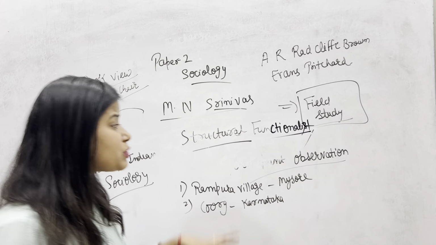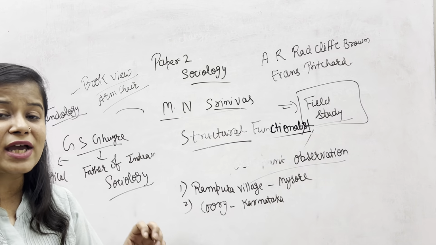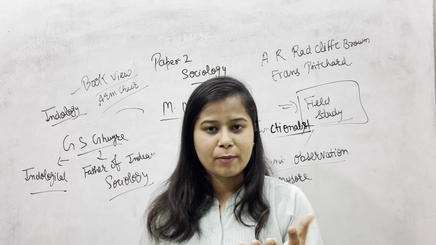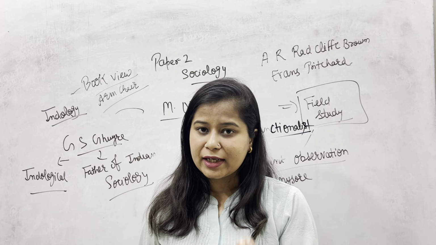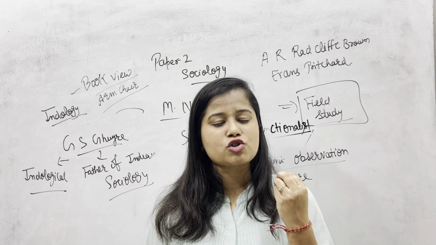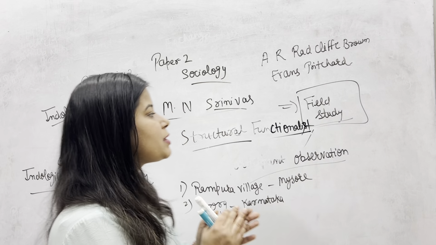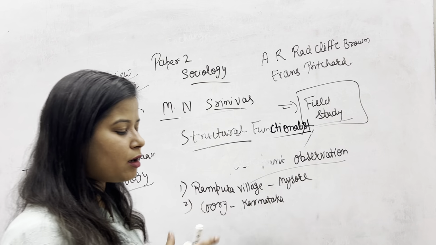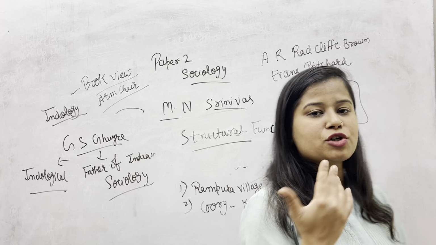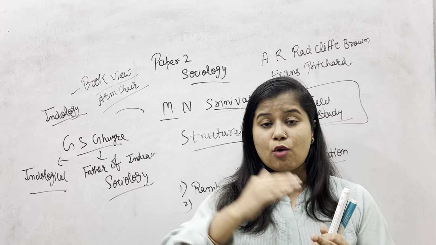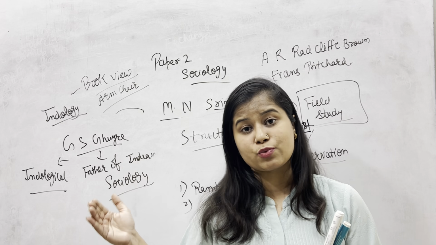Similarly in society also, society is made up of certain structures. If one of the parts is not working properly, for example, there is a structure of economy, a structure of polity, a structure of law, a structure of family, a structure of kinship. All these are included in the social structure. If for example the economy is not functioning properly, you saw that there is inflation in the economy, then economic disturbance will also impact the social as well as the political.